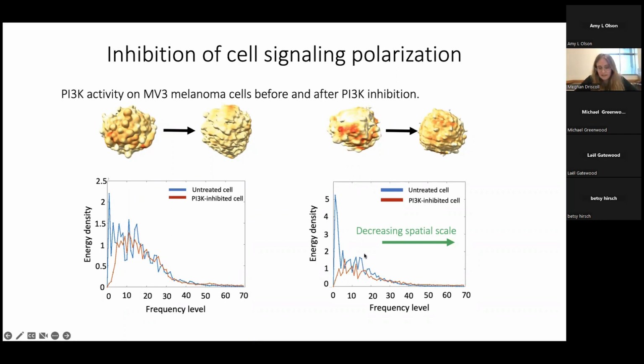Which is what you would expect, right? So our PI3 kinase inhibitor is affecting signaling only at lower frequencies, right? That is a little bit abstract, but from a mathematical perspective it's actually pretty conceptually simple, right?